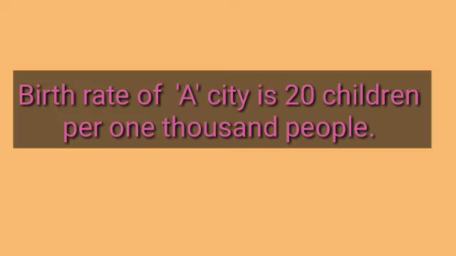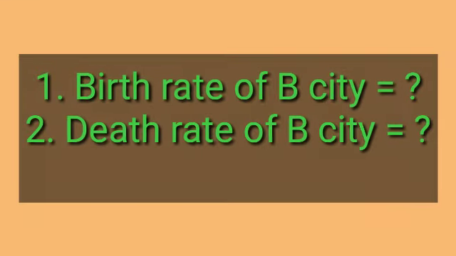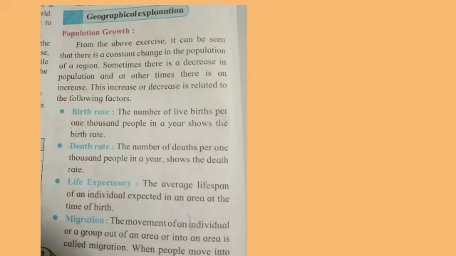Therefore the birth rate of A city is 20 children per 1000 people. Similarly, we can calculate death rate of A city. Dear students, try to find out birth rate and death rate of B city. Geographical explanation.